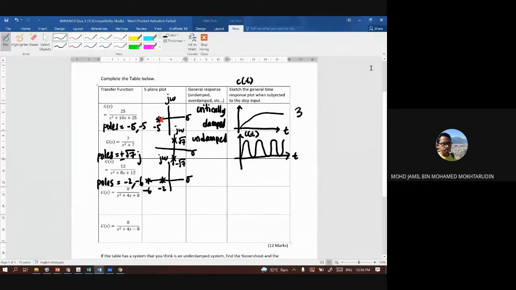From lecture notes, it's overdamped. And the sketch of the time response is something similar to critically damped.